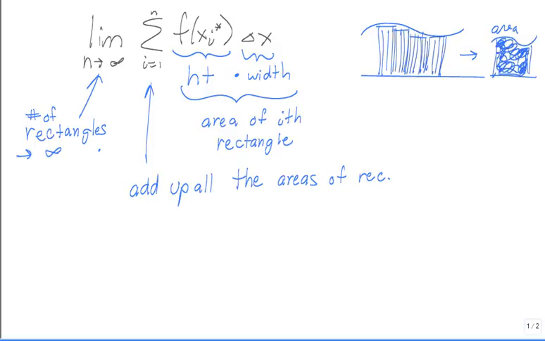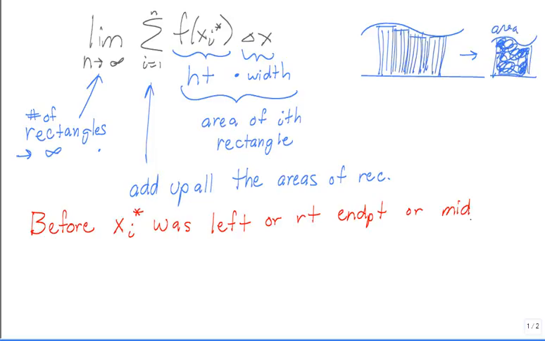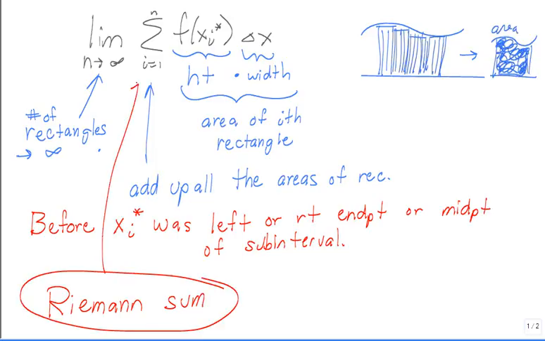Now, a point I want to make: in the last section, xi star was a left or right endpoint, or the midpoint of that interval. Now it can be any point in that interval. You'll hear this called the Riemann sum. This definition right here is the Riemann sum, named after the mathematician Riemann.